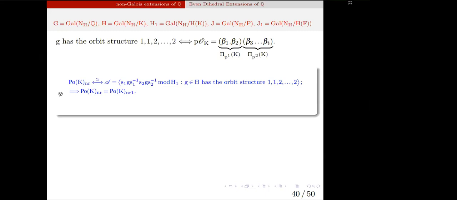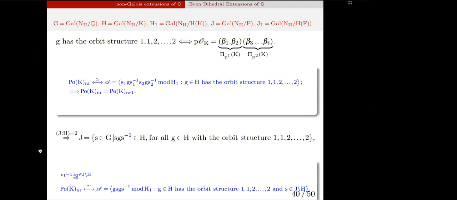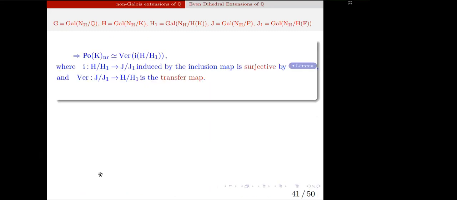And for proving the second equality by Galois theory, since the index of H in J is 2, we take S1 to be the identity element of the Galois group, and S2 belonging to J minus H. Considering these elements, namely S2 inverse modulo H1, we can prove that the pre-Polya group of K is isomorphic to the image of a map, which is the composition of the transfer map and a map I induced by the inclusion map.